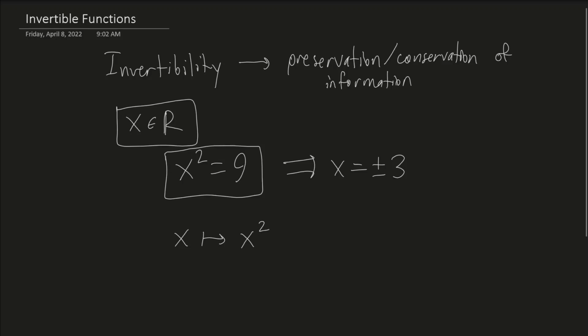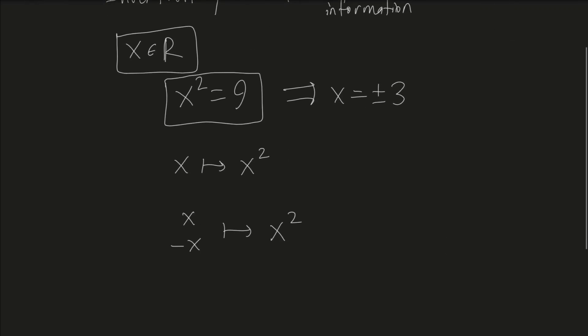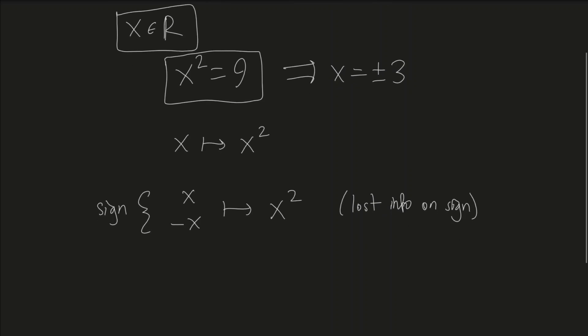We know that both x and minus x will map to the same thing, and so the information contained within the sign of x is lost when going to x squared. So we lost information on the sign.